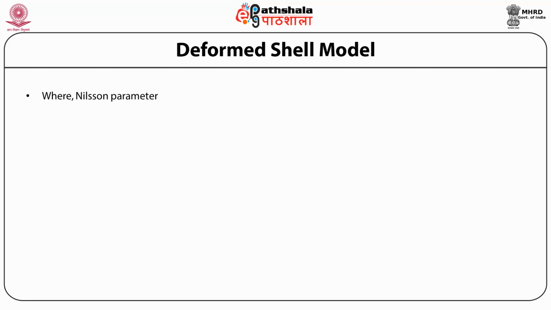Deformed shell model. In this slide, we continue discussing the shell model for deformed nuclei. Delta is the parameter introduced by Nielsen. Nielsen developed this deformed shell model, so the parameter was named the Nielsen parameter.